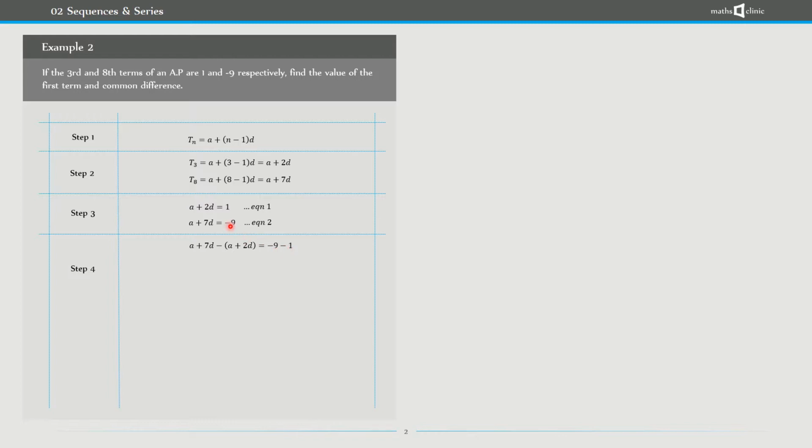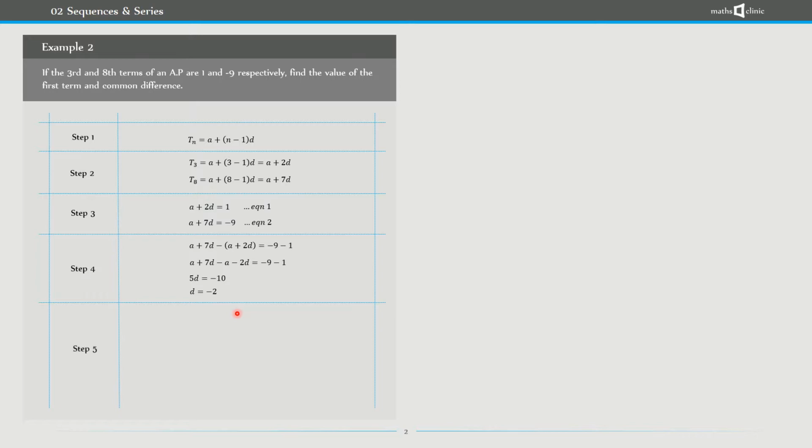And basically what we have is 5d. When we solve that out, we have that 5d equals minus 10, which will tell us that d is minus 2. So the common difference in this question is minus 2.